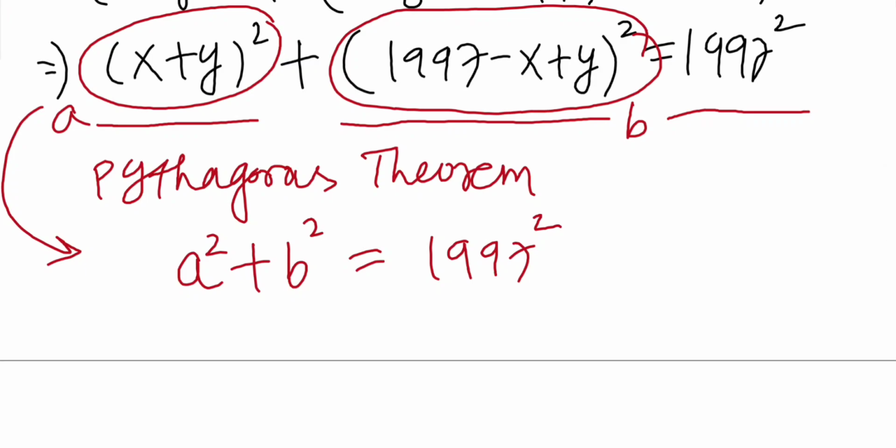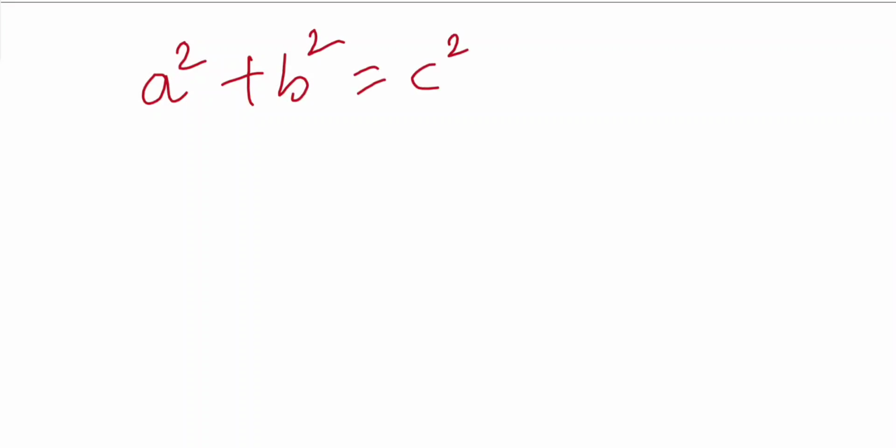In order to solve this, because both x and y are positive, we know that if a square plus b square is equal to c square, then we have one formula.